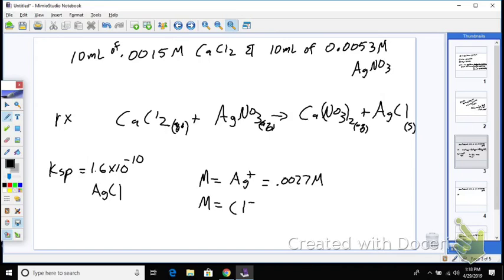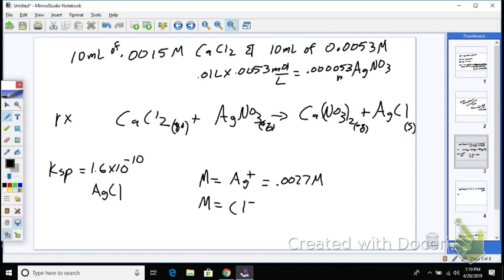I know I've got 0.053 molarity of AgNO3, and I'm going to multiply it by 0.01 liters. That gives me the moles of AgNO3, which should be 5.3 times 10 to the minus 5.